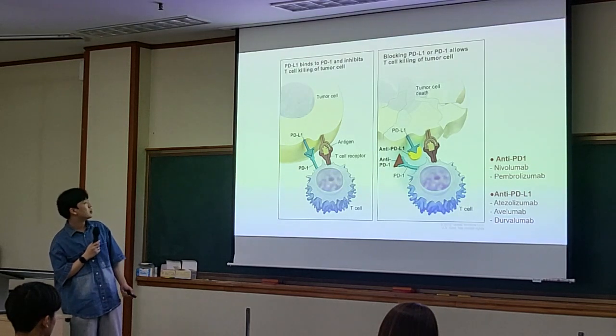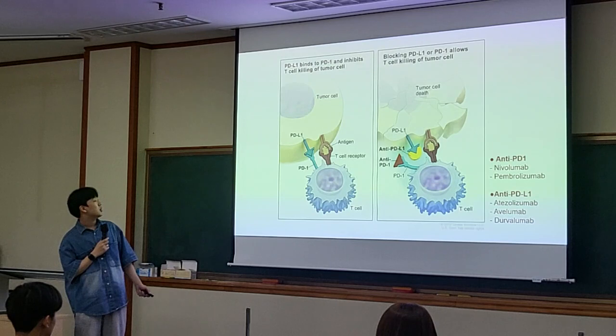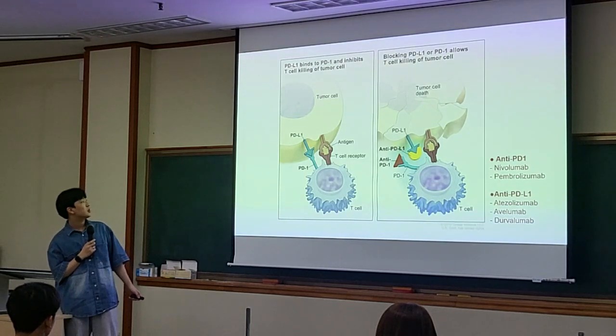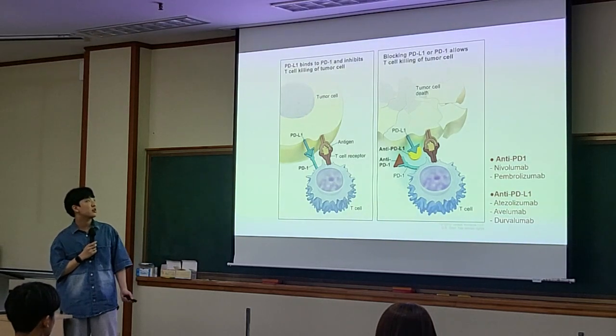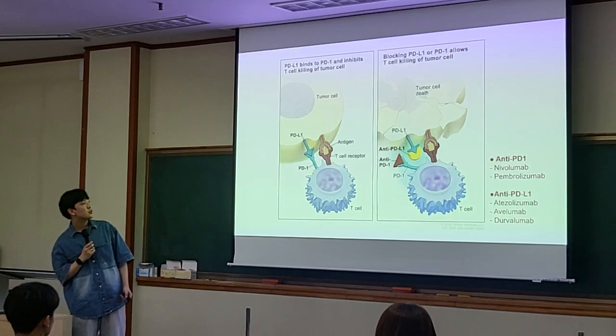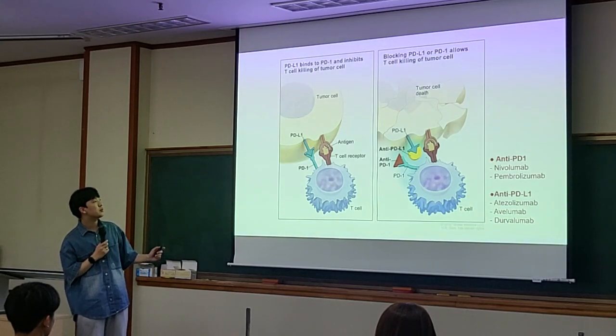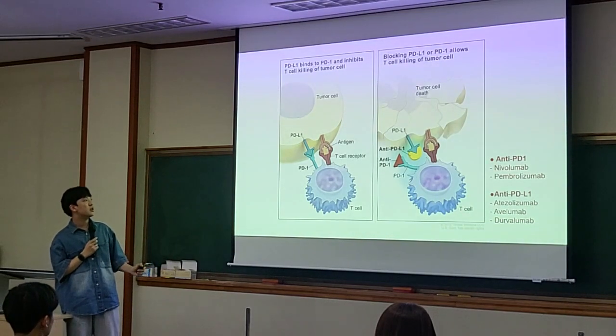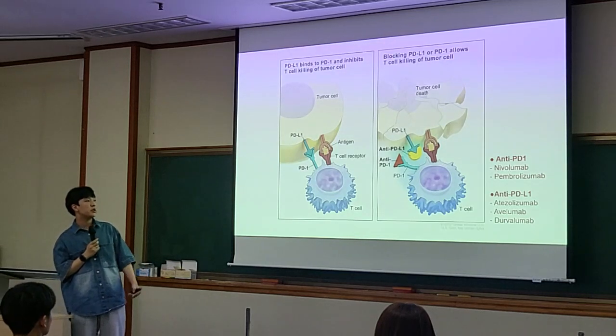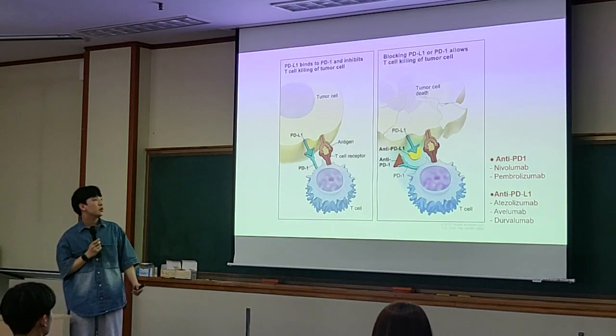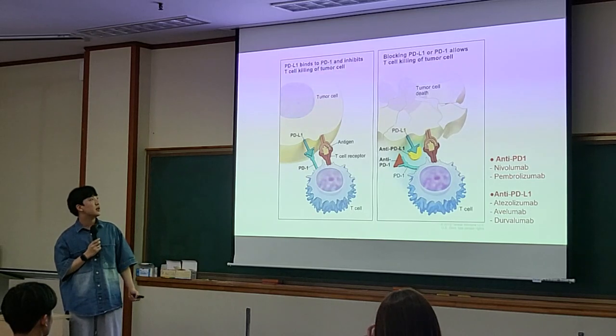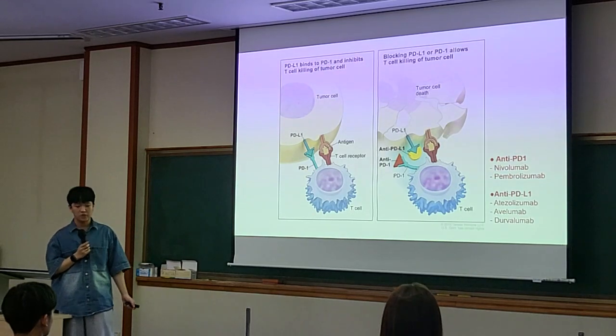If PD-L1 binds with PD-1, it can deactivate the T cell, so the tumor cells can survive. So if we block PD-1 or PD-L1 by using anti-PD-L1 or anti-PD-1 drugs such as nivolumab or atezolizumab, we could activate T cells and kill cancer cells well.